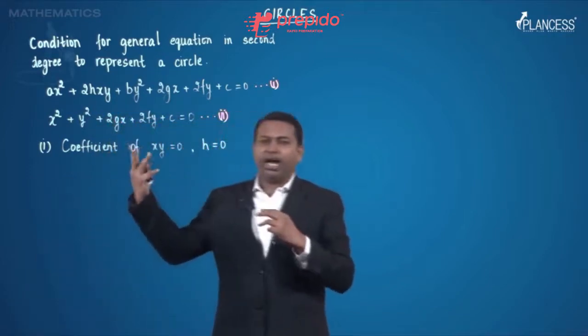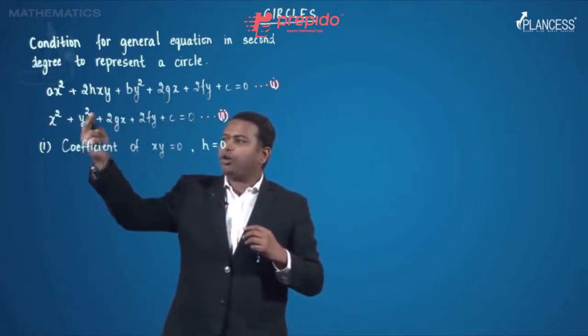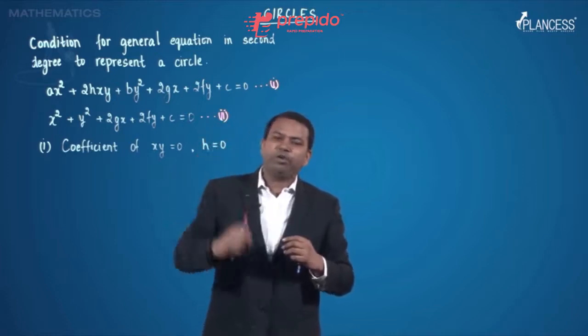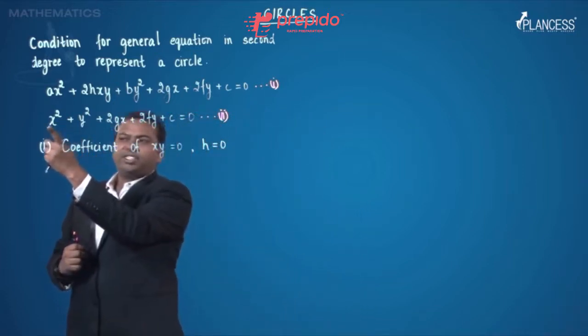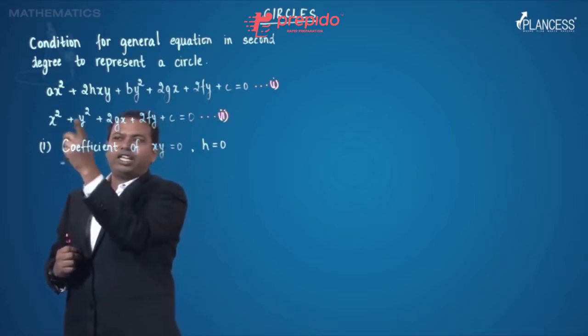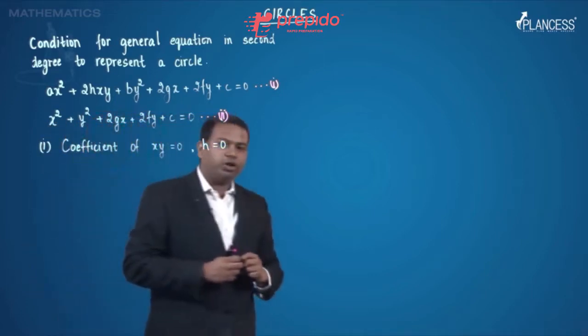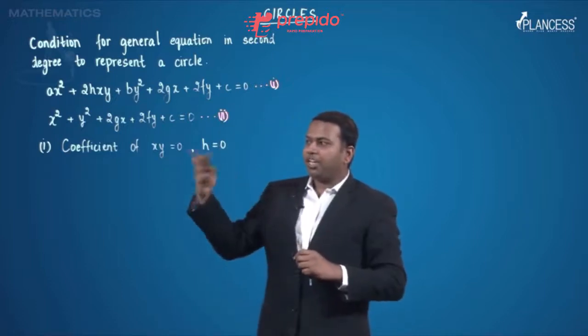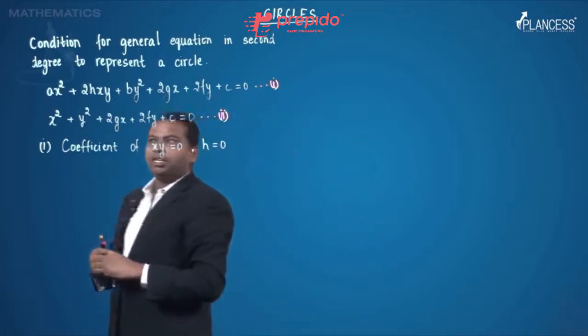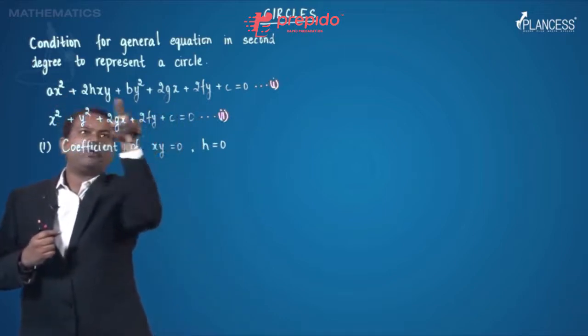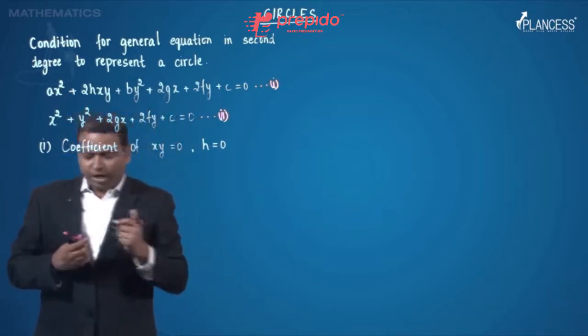Now let us look at the coefficients of x square and y square closely in equation number 2. Here we find that the coefficients of x square and y square are equal, and they are both equal to 1, which means from here we get another condition that in order that equation 1 represents a circle, the coefficients of the terms ax square and by square should be equal.